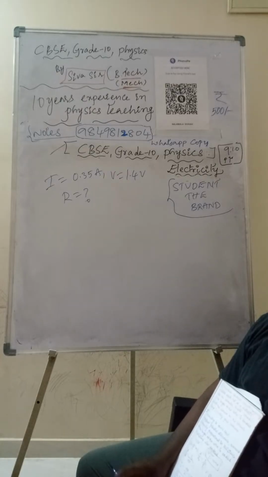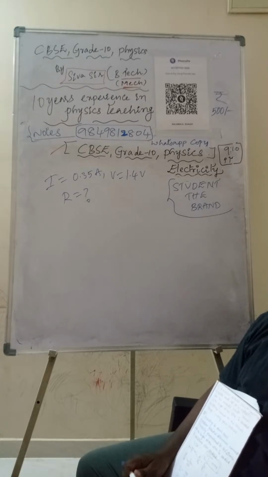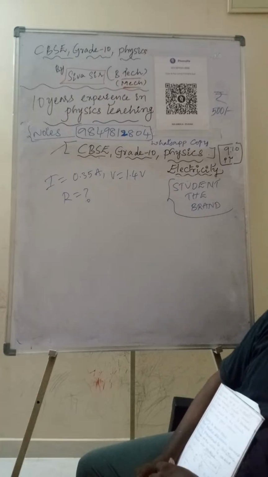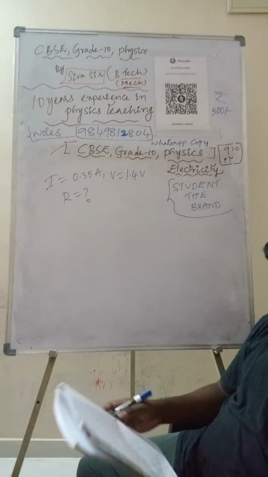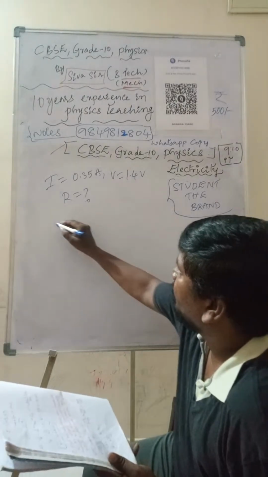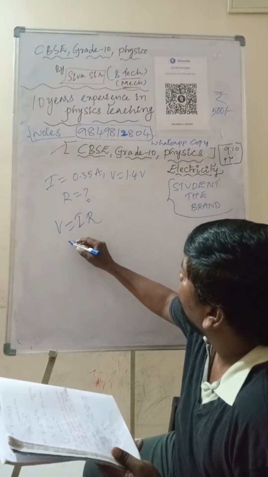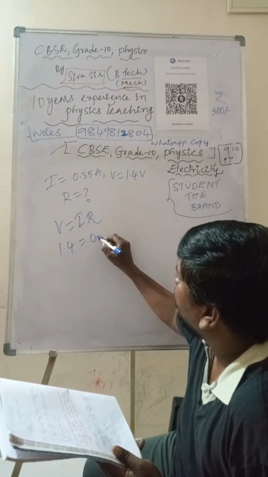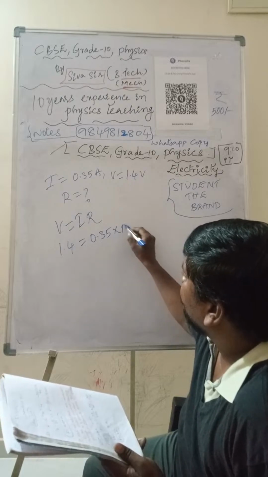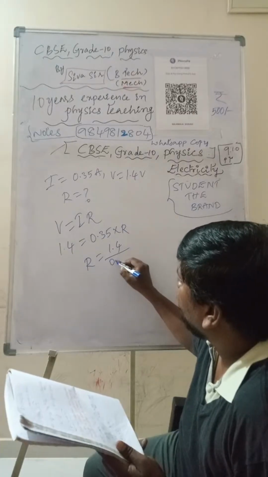Any guess? No guess, so I'll try. V equal to IR formula. Here V we know 1.4, I we know 0.35, and R we have to find out. So R equal to 1.4 by 0.35.